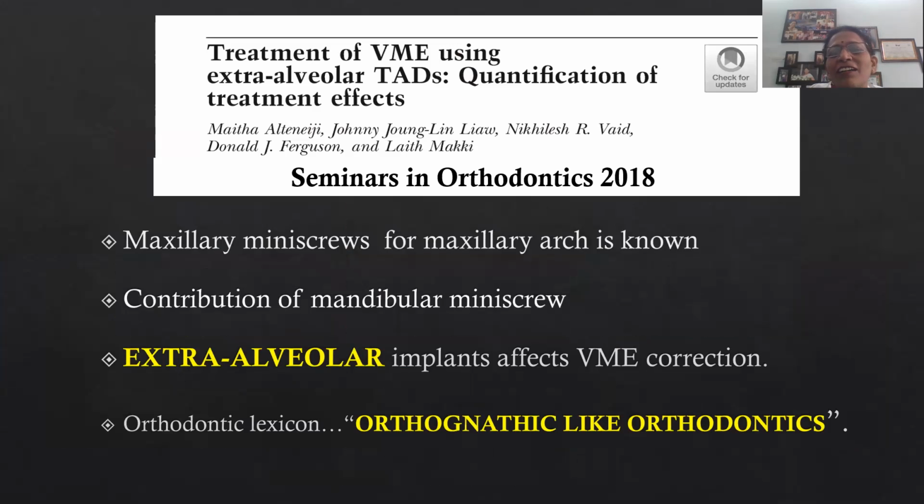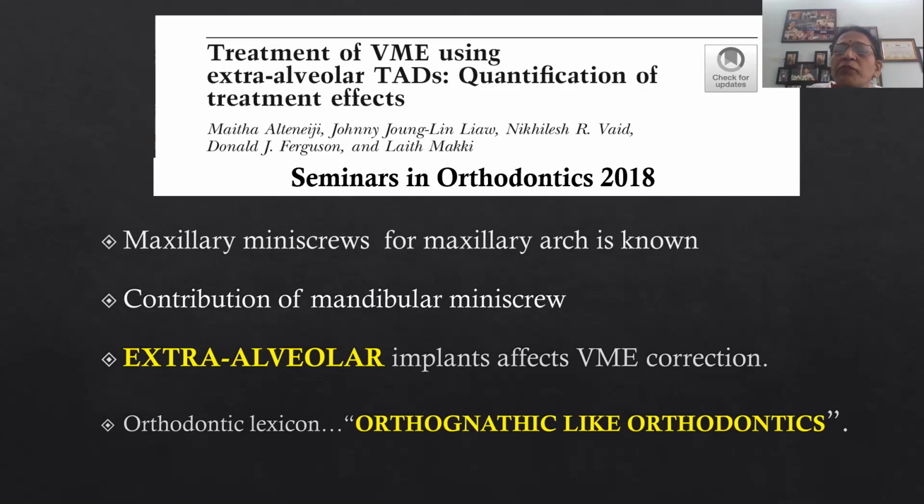So this is a very important article, a very interesting study carried out by Johnny Liu. We just had his webinar on our iOS platform. This study is published in Seminars in Orthodontics. Nikhilesh Vaid is also there, our president of the World Federation of Orthodontics. In this study, the authors have said that we know about the maxillary miniscrew for impaction or intrusion of the maxilla, but they studied the contribution of the mandibular miniscrews.